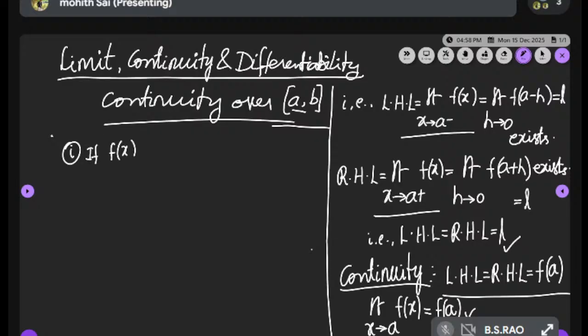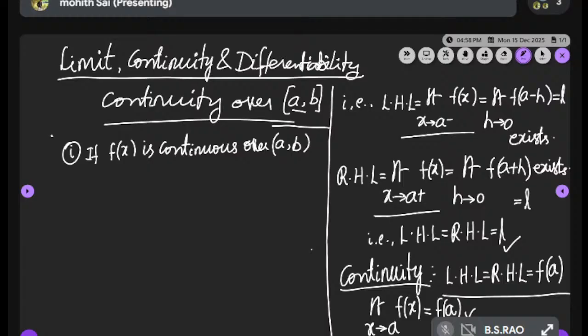f of x is continuous over open AB. Open AB means not A, not B, in between them. How to find continuity?